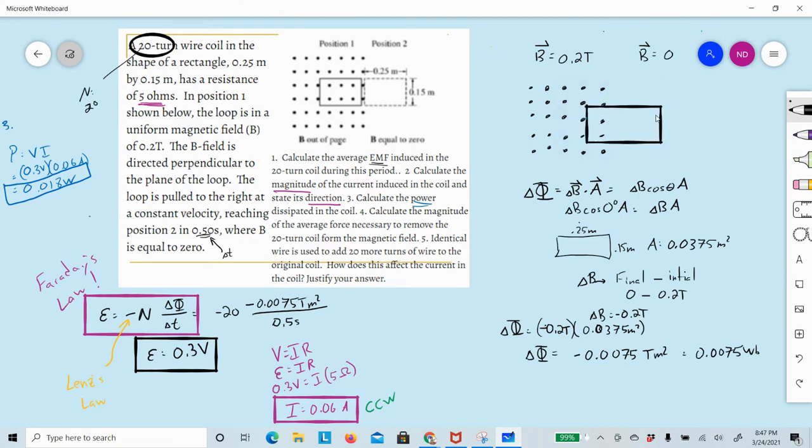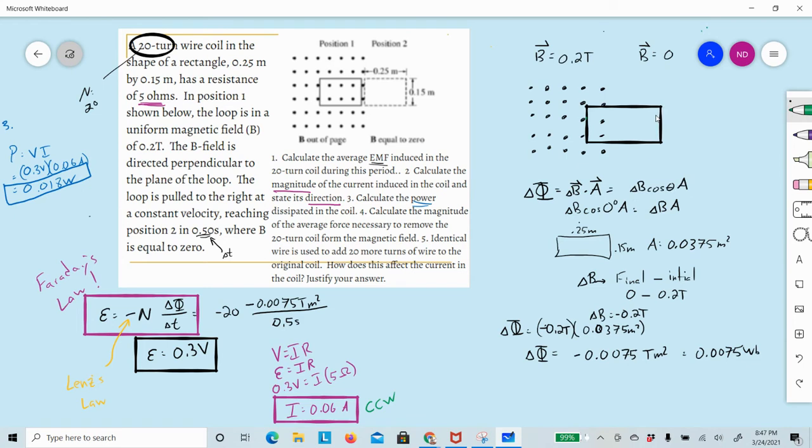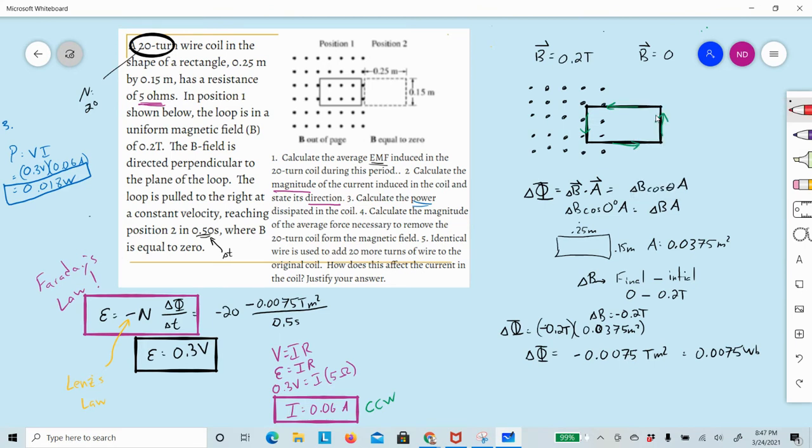current is going to be induced. We know the current that is induced is going this way, this way, this way, and this way. When current flows, that will generate a magnetic field.